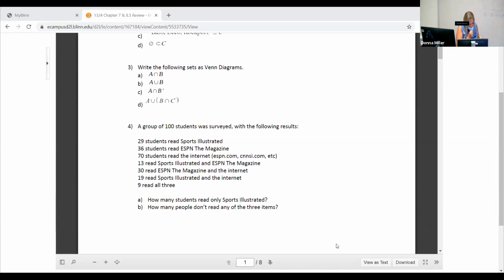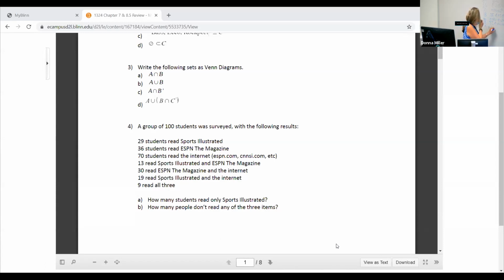Read ESPN and the internet. 19 read Sports Illustrated and the internet. And 9 read all 3.